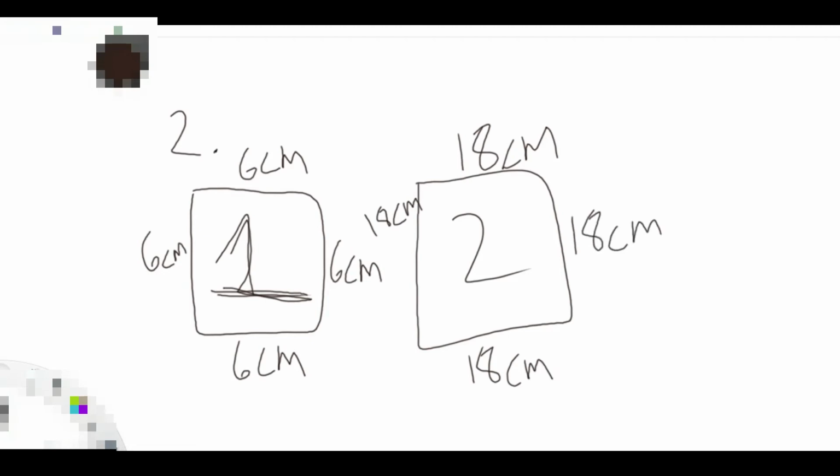Since you can compare anything, you could compare their side lengths or even their areas. But for now, we'll first do side lengths. So we're going to compare square 1 to square 2.